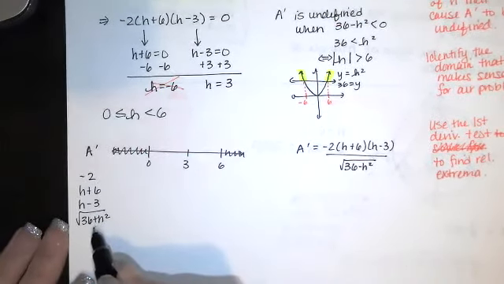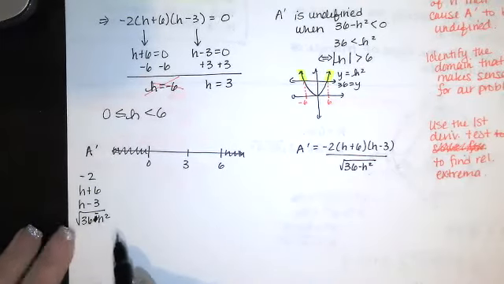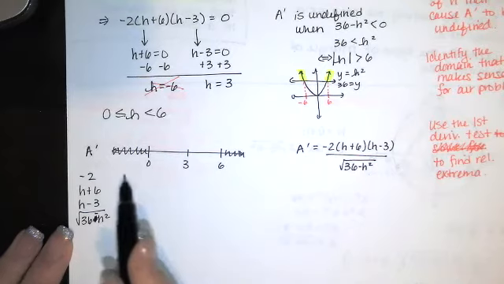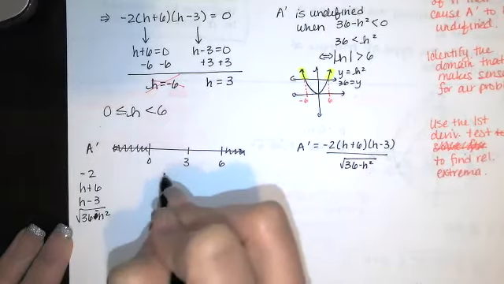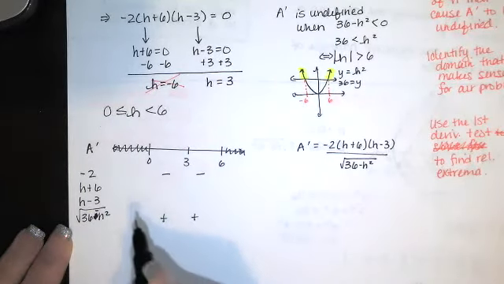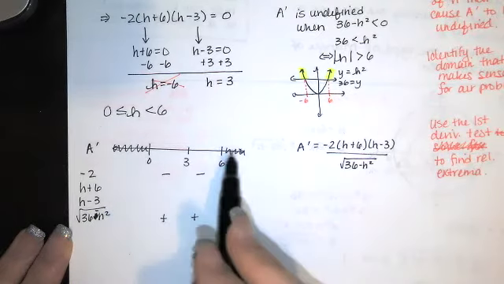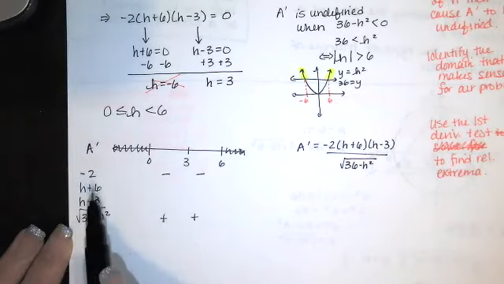That square root is always positive, except for when it's 0, and it's only 0 at 6 and negative 6. So this is positive. Negative 2 is negative no matter what h is. Remember, this is a number line of h values. And I've eliminated this and eliminated that because it's not a part of my domain for this problem.